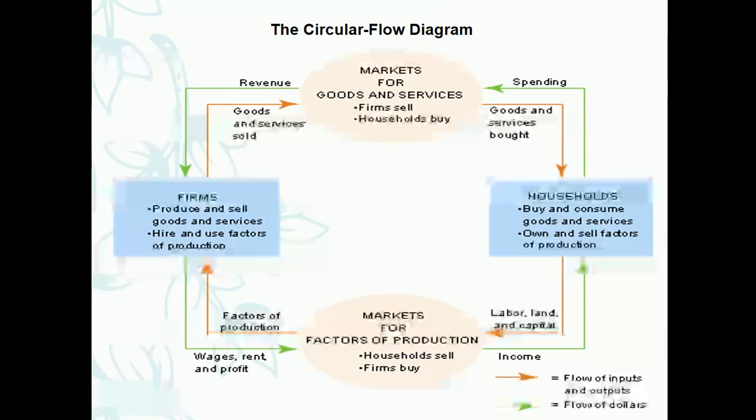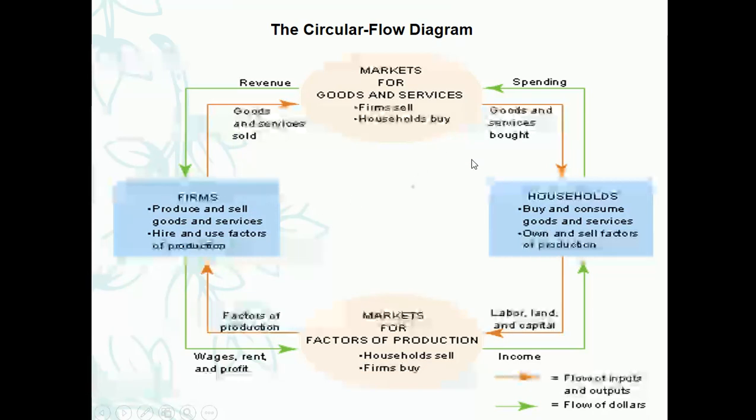Here comes the circular flow diagram. First of all, on the right hand side, here you have households and on the left hand side of this diagram, you have firms. Let's look at the arrows separately.